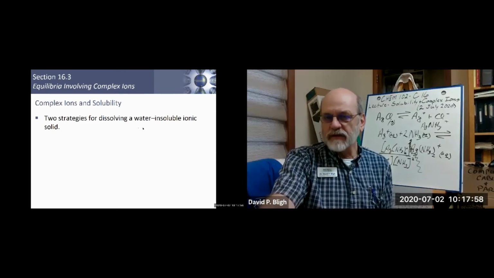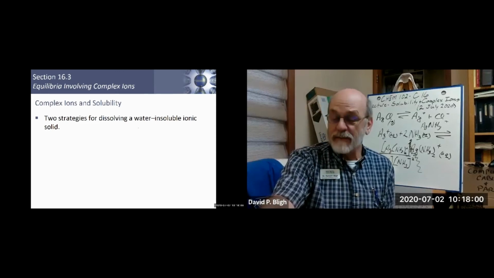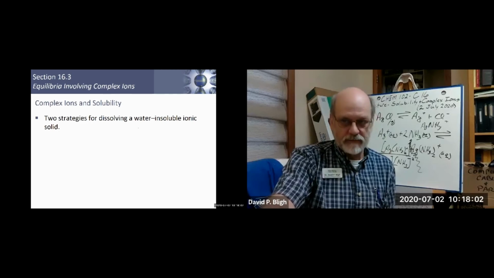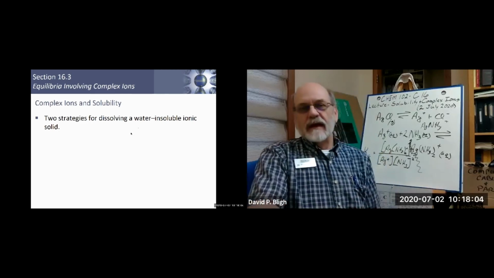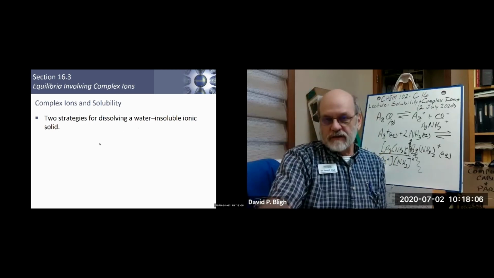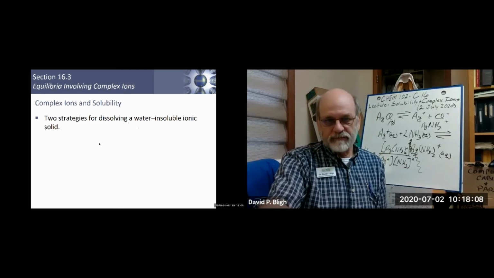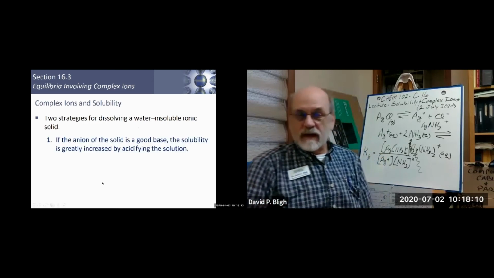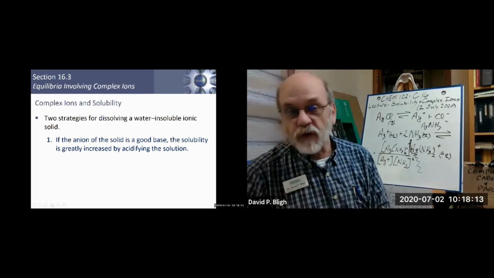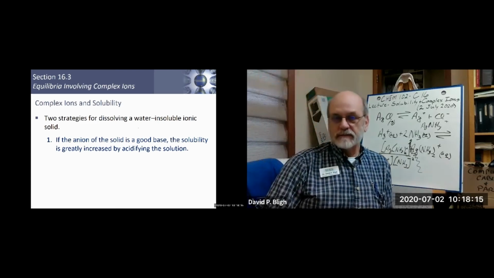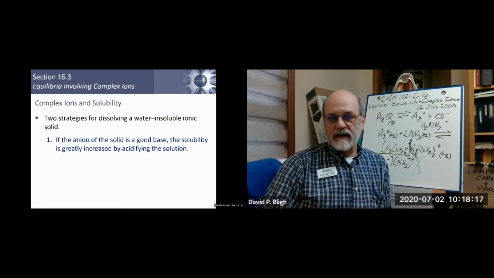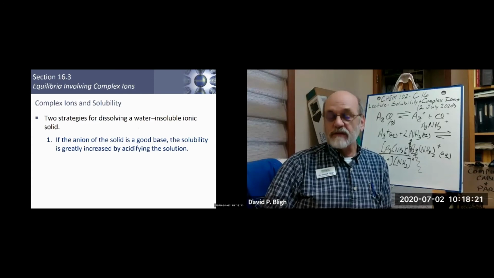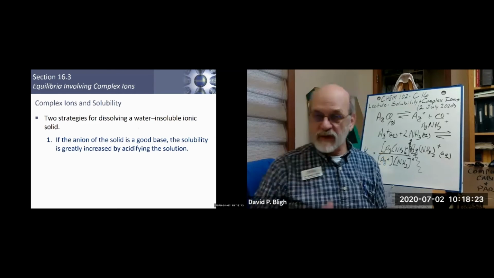All ionic compounds have a certain solubility. It might be very small, but it's there. So there are 2 strategies. One is you look for an anion of the solid that is a very good base. What do we mean by that?